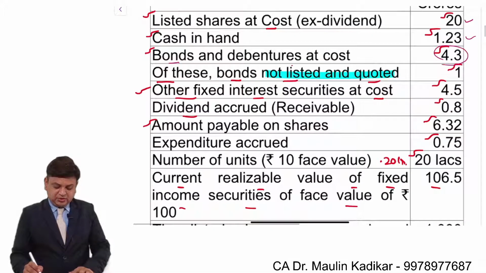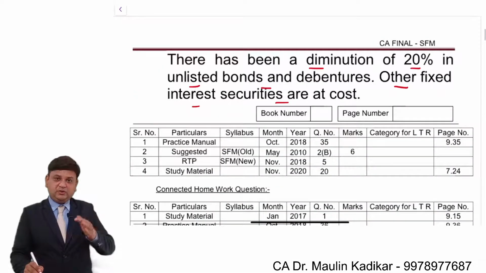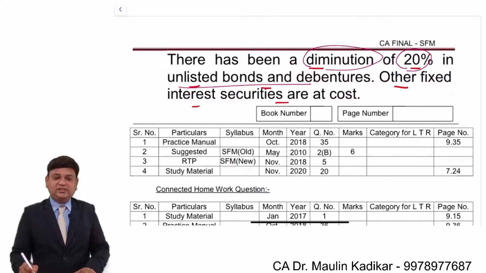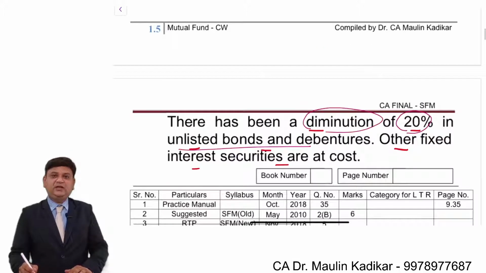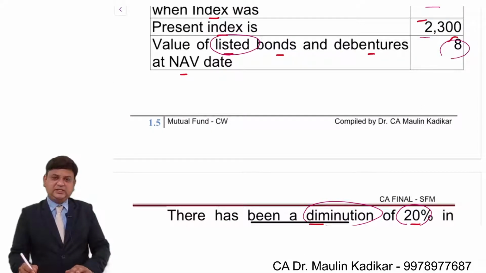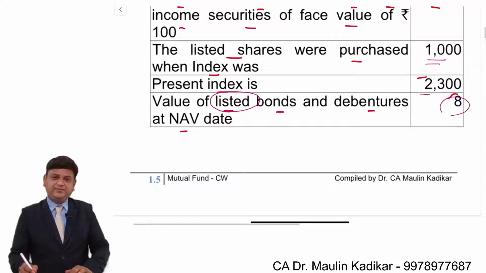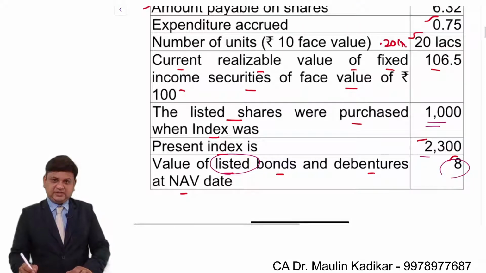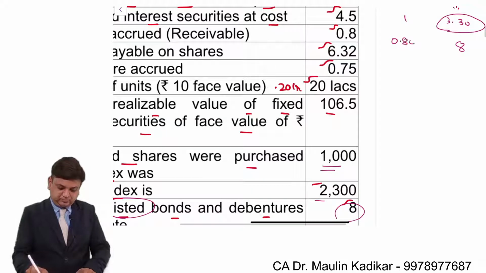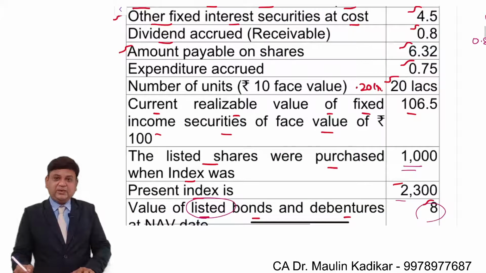And you can see that it has been given to us that there has been 20% diminution in unlisted bonds and debentures. What is the value of the unlisted bonds and debentures? 1 crore. There is a reduction of 20%. So 1 minus 20%, that comes to 0.8 crore. This is the way we are required to write the value.